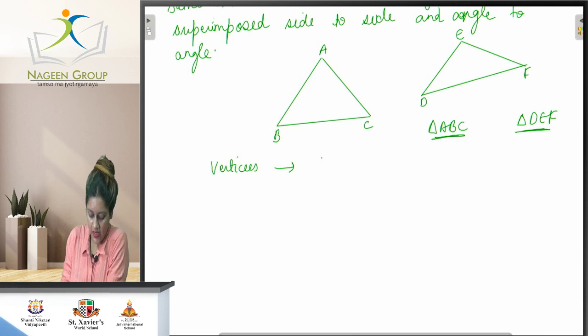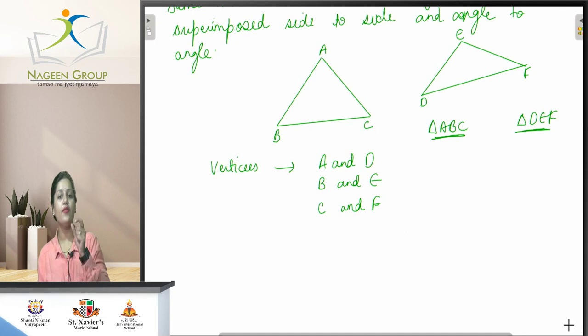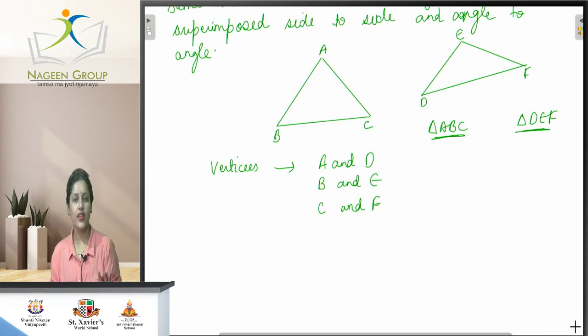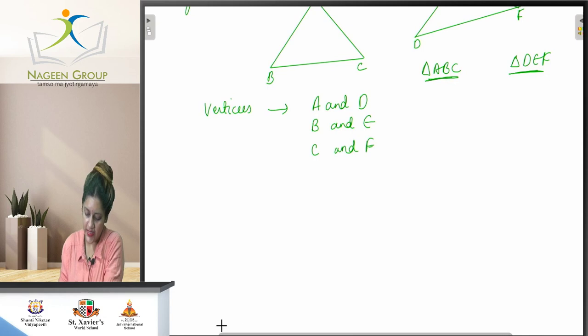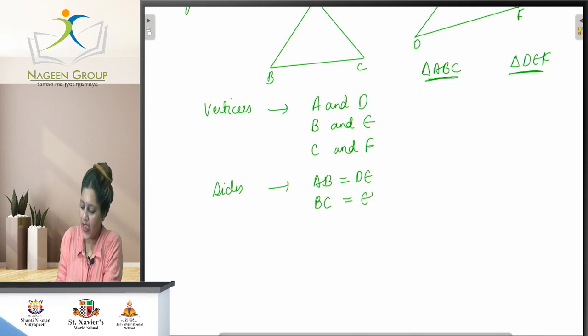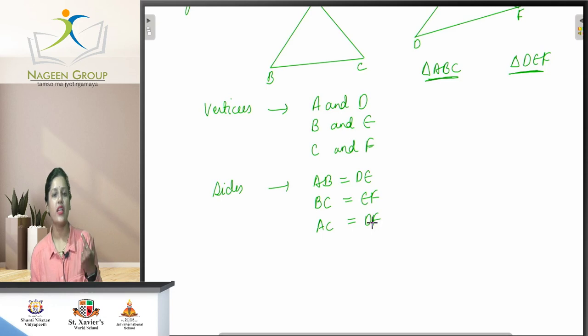A and D, B and E, and C and F. Means in a congruency, in the same order they are named, each is congruent to the corresponding one. Next, the sides that are congruent are AB equal to DE, BC equal to EF, and AC equal to DF. In this manner, sides are congruent.